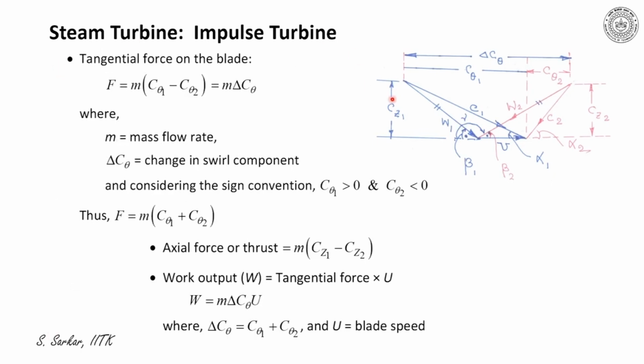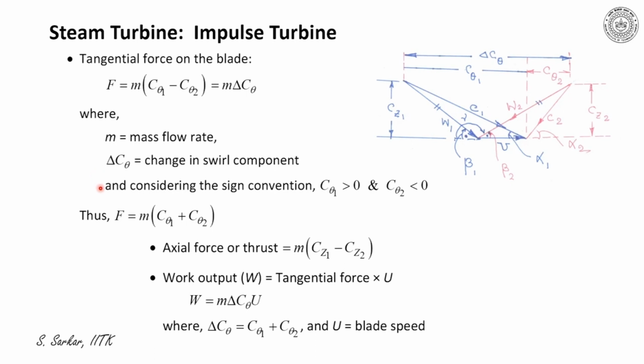Now, considering the velocity triangle, the tangential force on the blade is expressed as F is equal to M into C theta 1 minus C theta 2, that is equal to M into del C theta, where M is the mass flow rate through the turbine and del C theta is the change in swirling component.